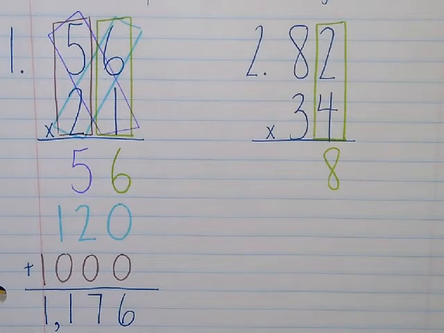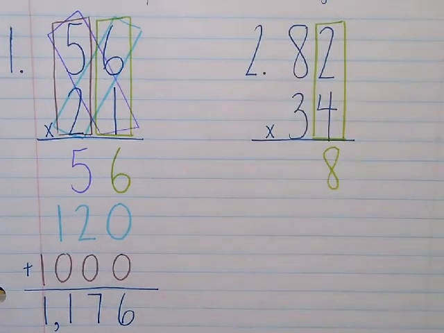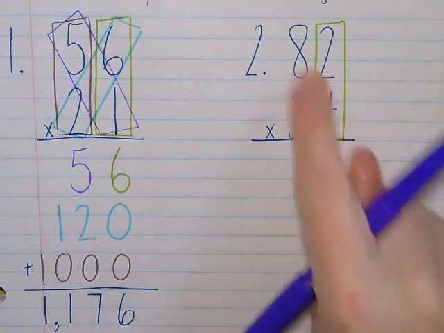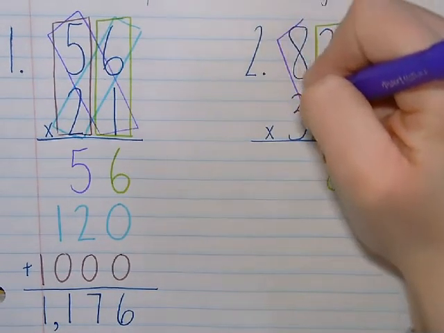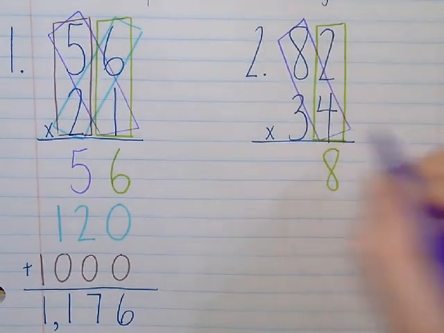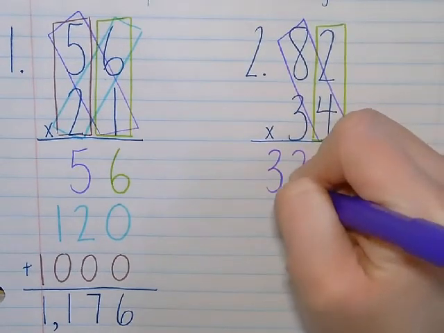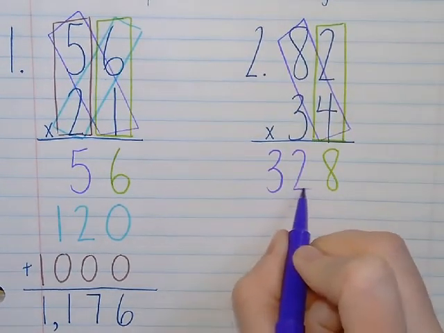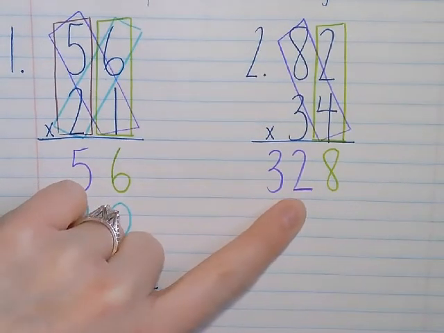My next step is going to be to multiply this 4 by this 80. So 4 times 8, or 4 times 80, gives me 320. So I put 32 right next to the 8 because this represents 320.